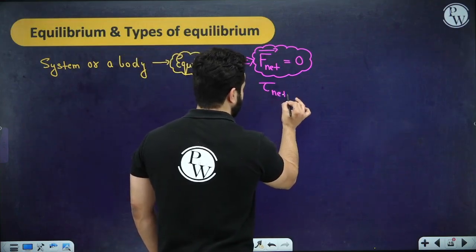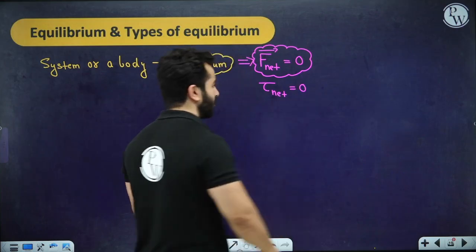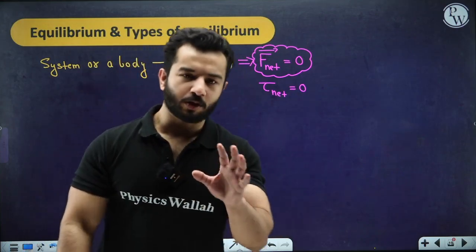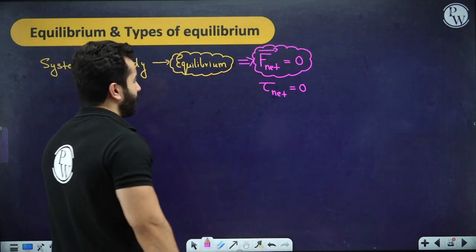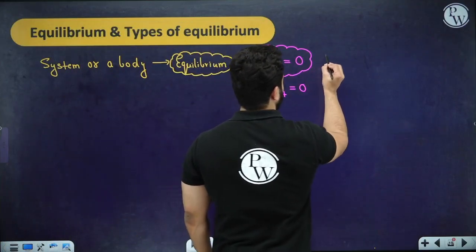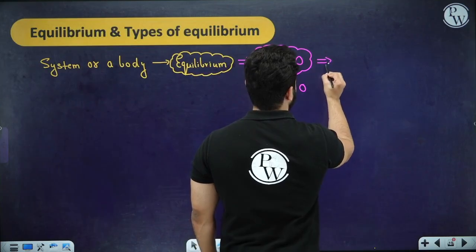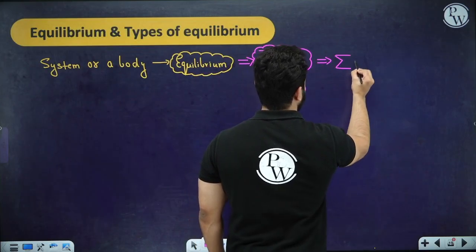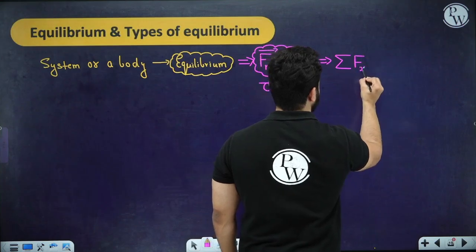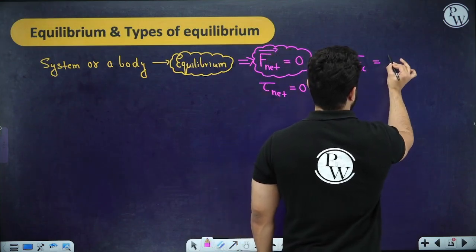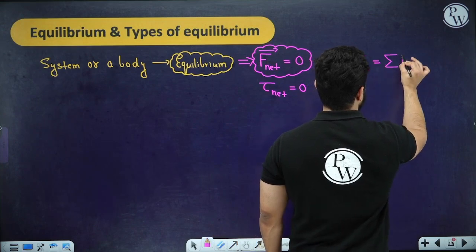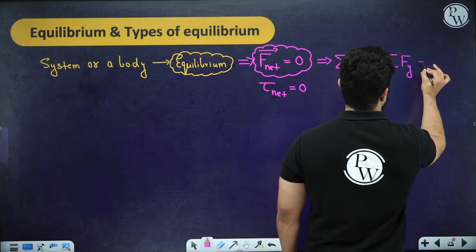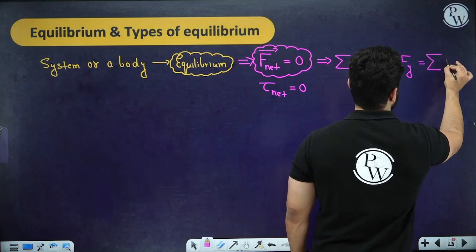But right now we are not talking about torque, but you must know it. And when we say net force acting on the body is zero, this further implies that the sum of all the forces along x-axis is zero, along y-axis is zero, along z-axis is zero.